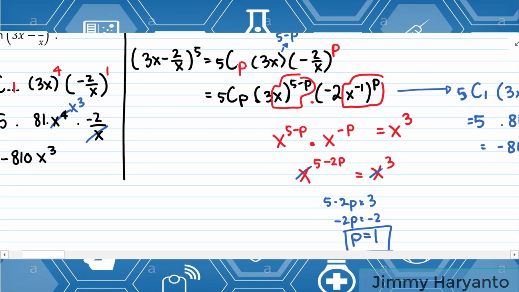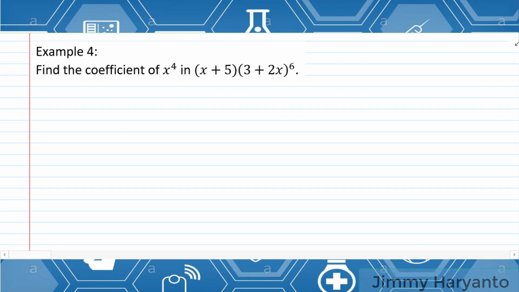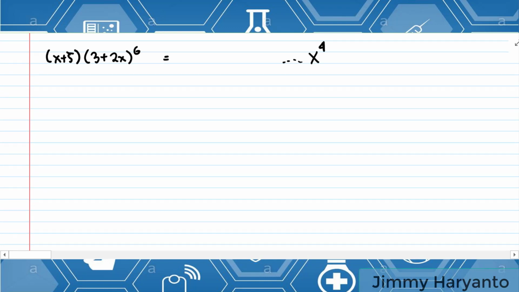Okay, next, example 4. Example 4 is harder. We have x plus 5, and then you have to multiply with 3 plus 2x to the power of 6, and the question wants us to find the coefficient of x^4. Okay, so this 3 plus 2x to the power of 6, if we expand it manually, it will be very long.